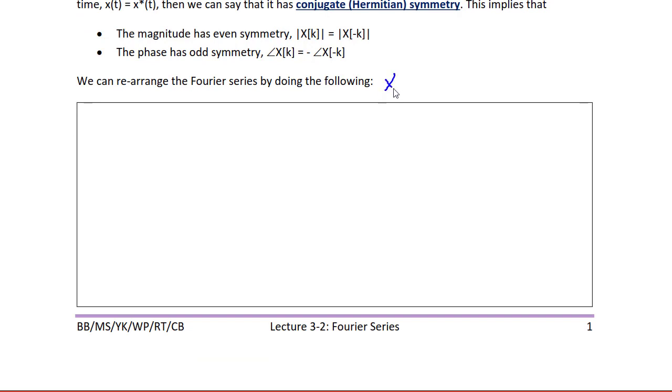X of t is equal to the summation from k equals negative infinity to infinity of x of k e to the jk omega naught t, which equals the summation from k equals negative infinity to infinity of the magnitude of x of k e to the j k omega naught t plus the angle x of k.